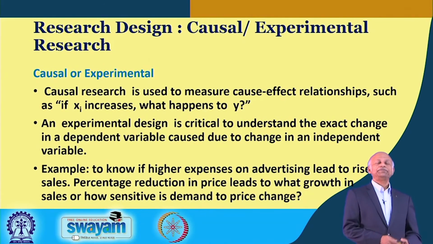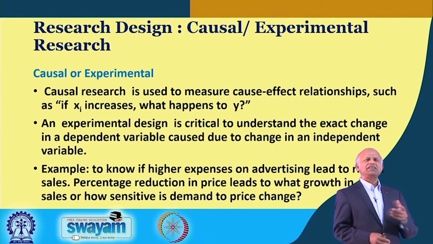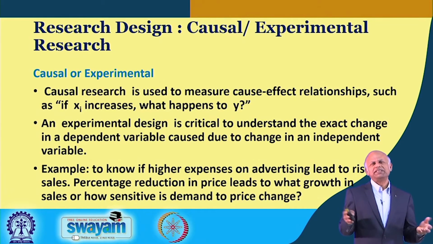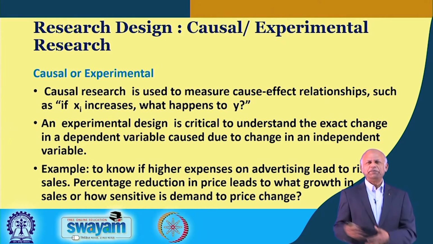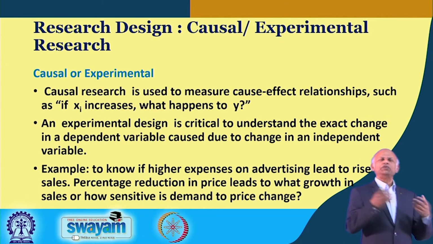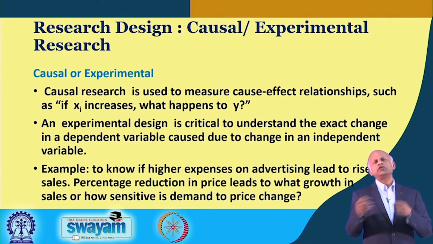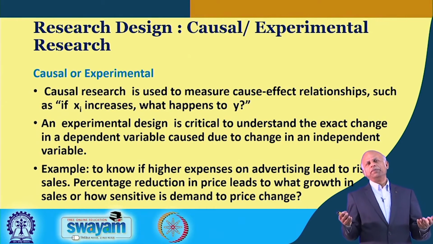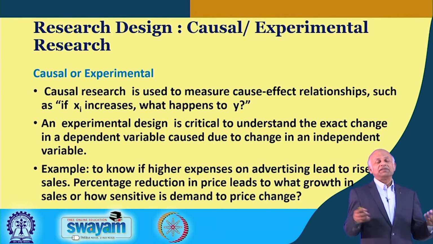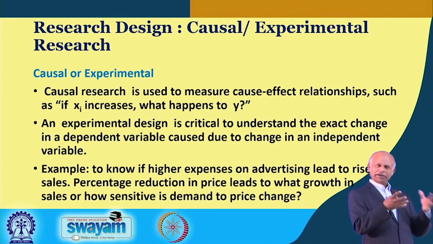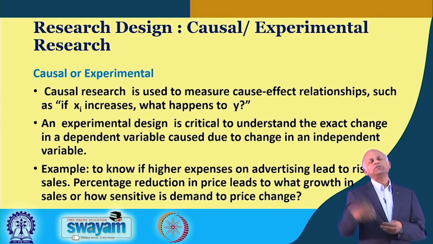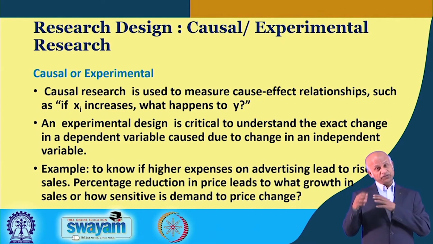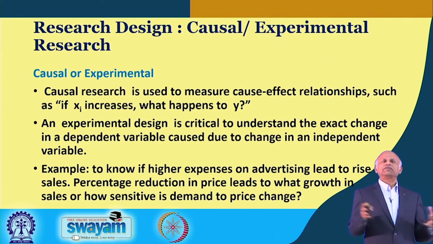Research design, causal or experimental research. It is like if x_i, some feature of a product, increases, what happens to y, a dependent variable, maybe sales. Suppose you increase quality or you increase sweetness in a drink, or any other feature of a food or any other product, and you see how the customers are reacting to that, whether sales is going up or down, that is a causal experiment.